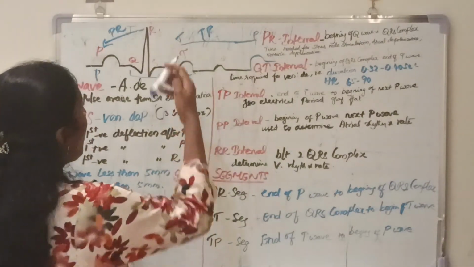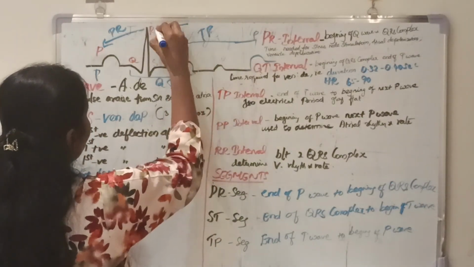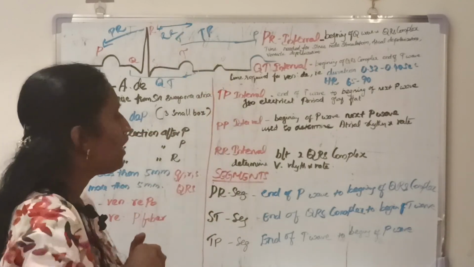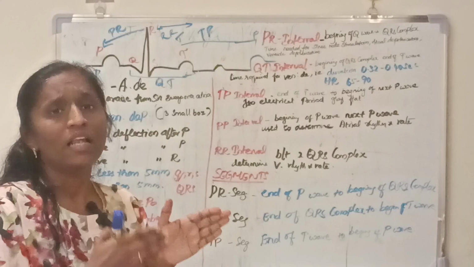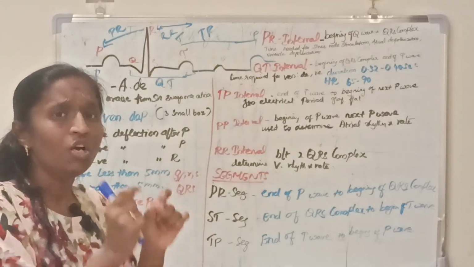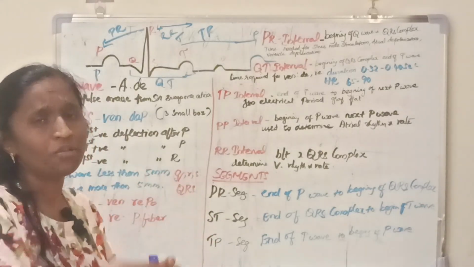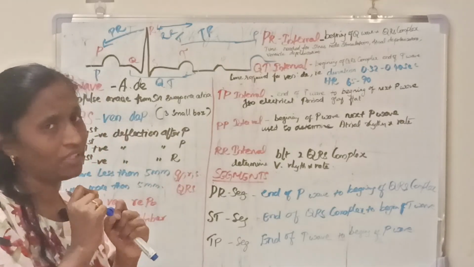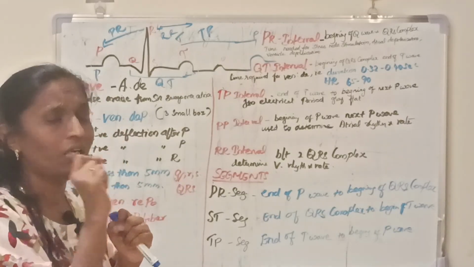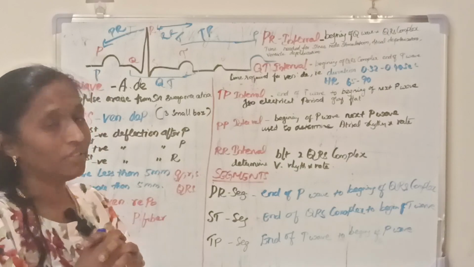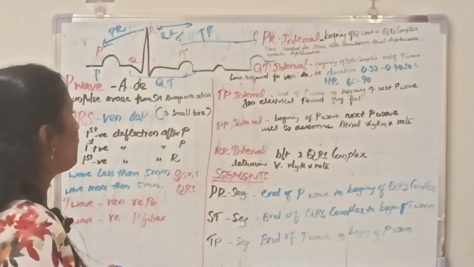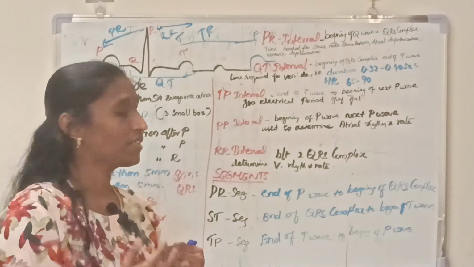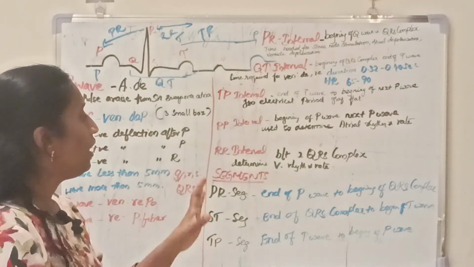The RR interval is the distance between two QRS complexes, or two R waves. It helps to determine the ventricular rhythm and rate.